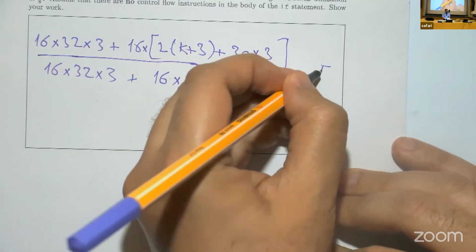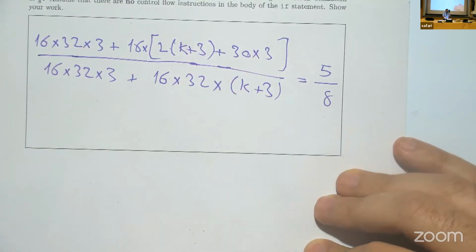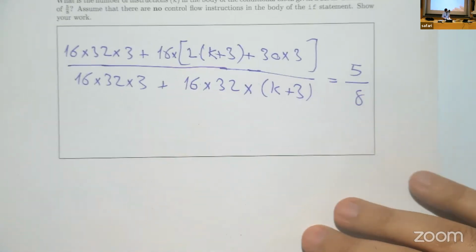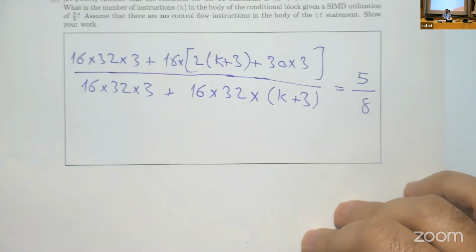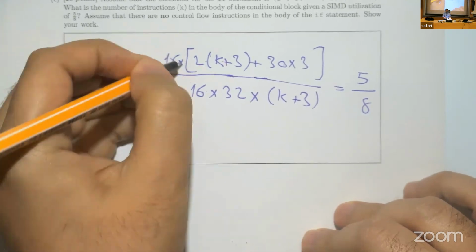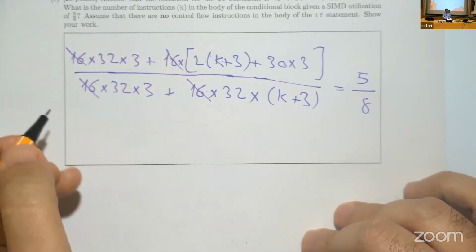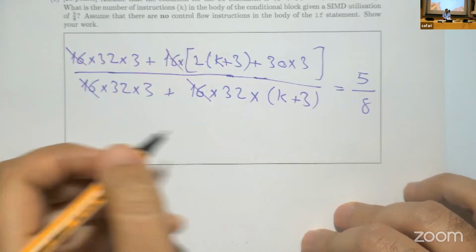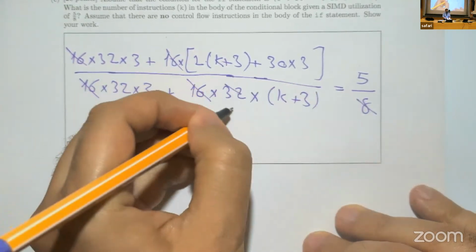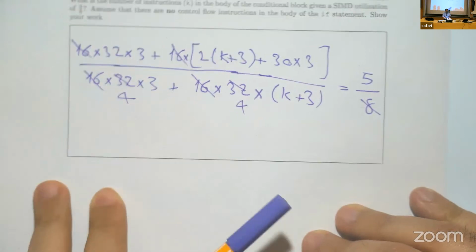So this is equal to 5/8. Then we need to solve this equation. So we can cancel out 16, and we can also cancel this 8. This is 4, this is 4.